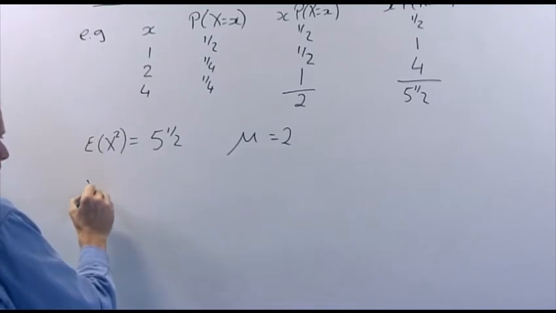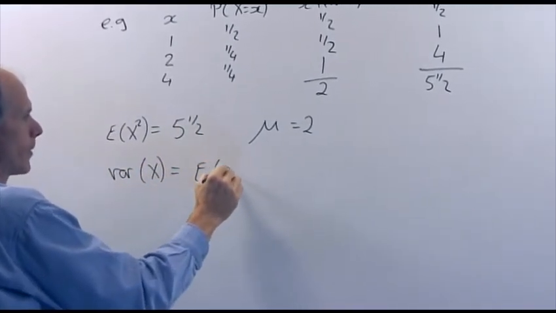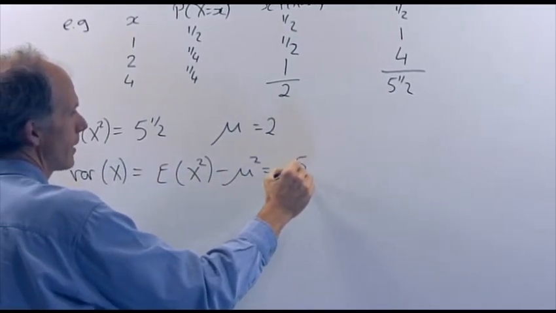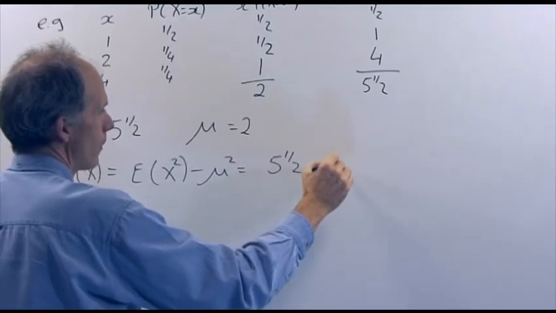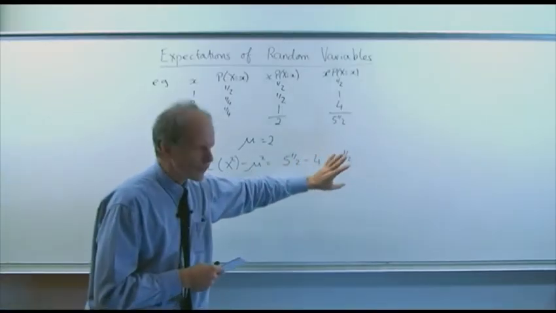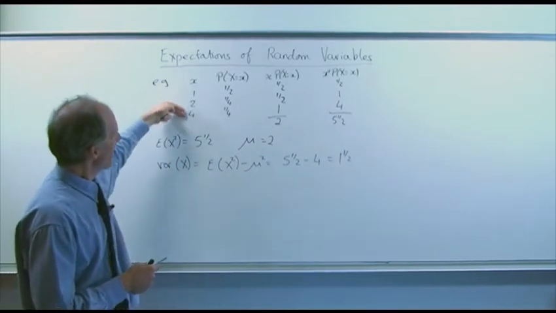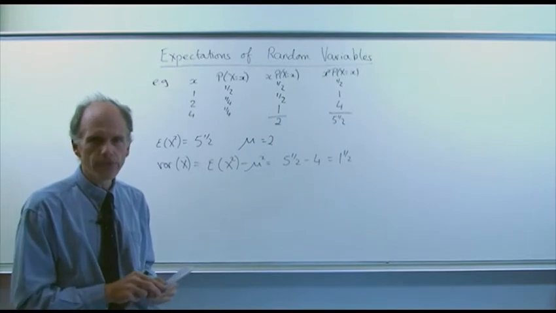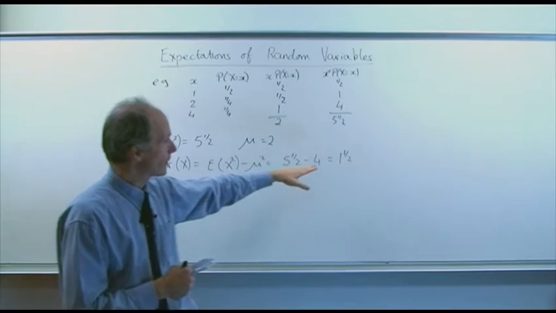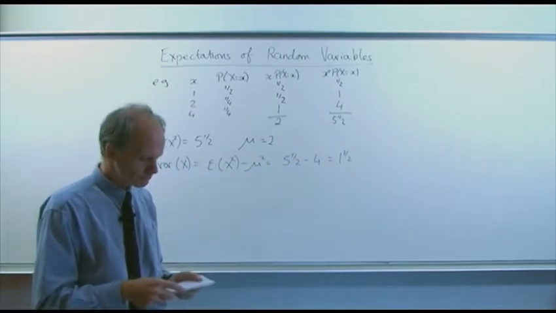And so the variance of x, using the simpler formula we had last time, is 5.5 minus 4, which is 1.5. We can think about this as an interpretation of the amount of variation that the random variable has amongst its different values. And we could, in the usual way, take a square root of this quantity to think about the standard deviation of the random variable as well.